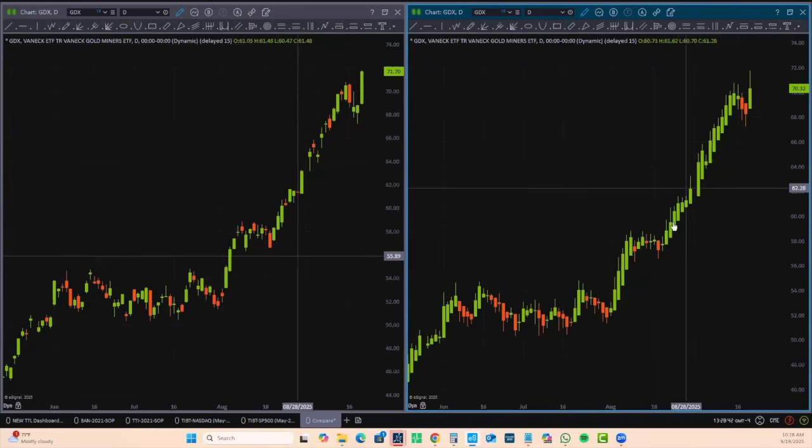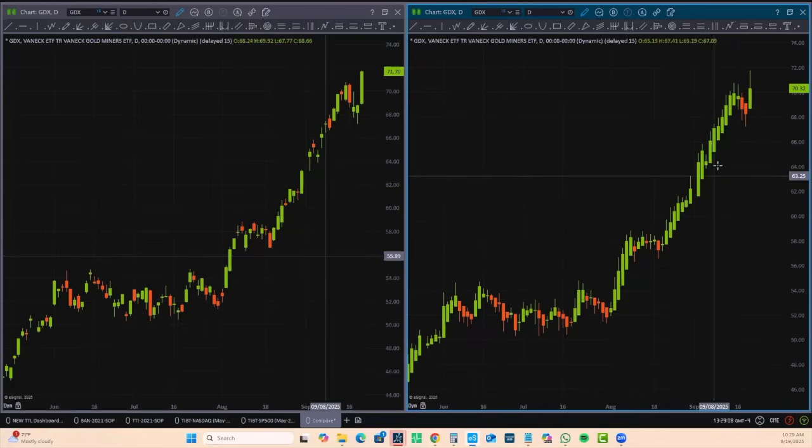The trend is back on, resuming, breaking out to the upside with that bull flag. And we see nothing but green candles on the Heikin Ashi chart until we get up to about the peak. I think right around here on the 16th is when we got out of the gold discretionary trade. I did it with GDX, and that was a good time to take a first profit target.